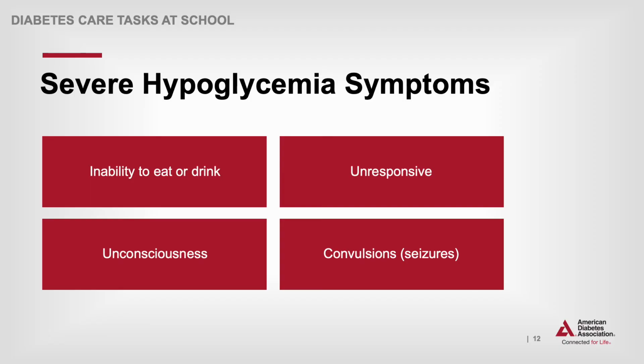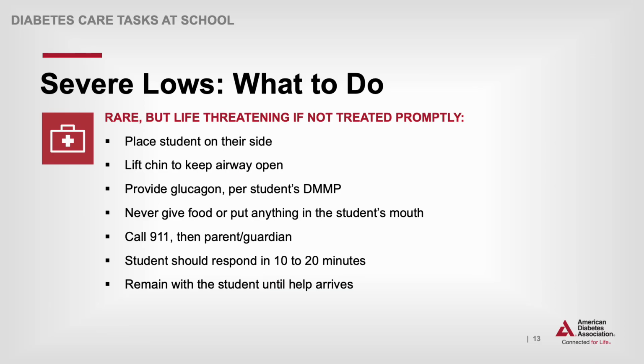Severe hypoglycemia symptoms include inability to swallow, eat, or drink, unconsciousness, unresponsiveness, or convulsions. Procedures for intervening with severe hypoglycemia will be covered in more detail in another unit on glucagon administration.